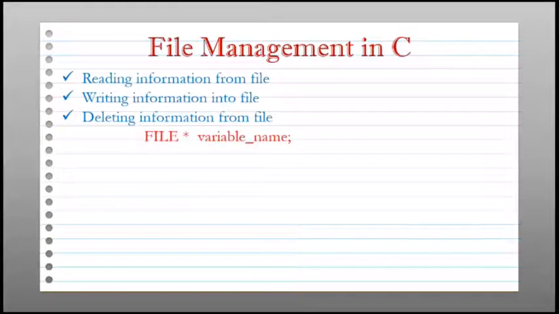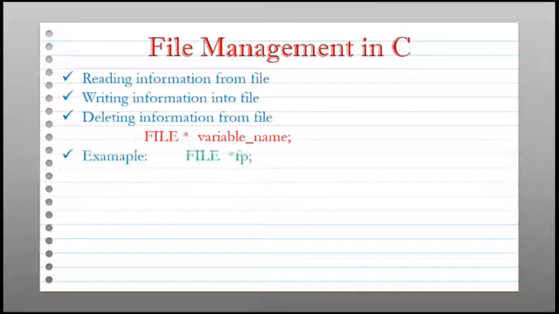This is the syntax of declaring a pointer variable of type FILE, where FILE in capital letters is the data type and the variable name is any valid variable name. Because we have used the star operator, it is a pointer variable.